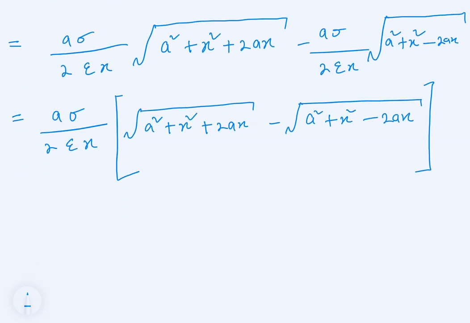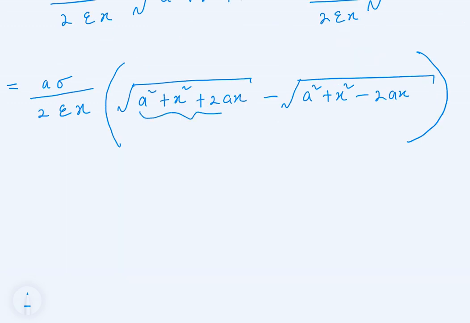So now we can factorize this. What's under the square root sign here, we can factorize and write as x plus a squared. When you expand x plus a squared, you get what's under the square root sign here, so these are equal.